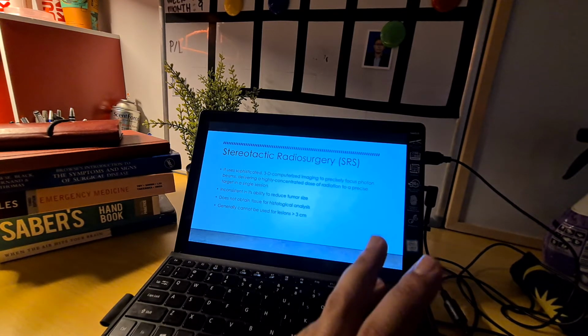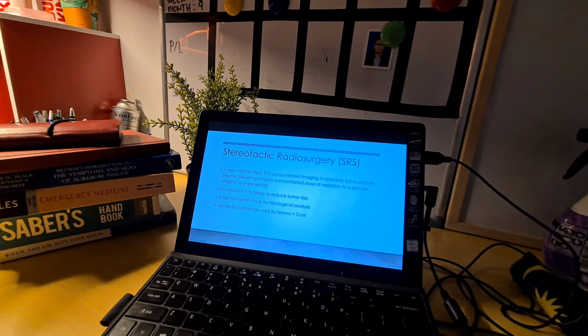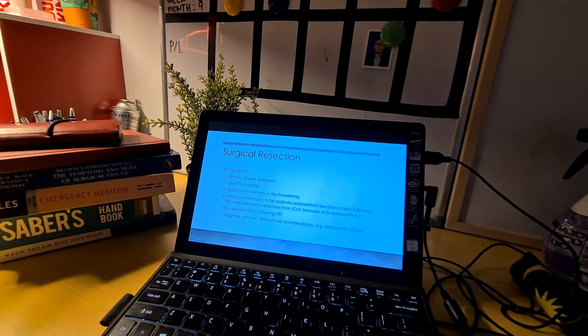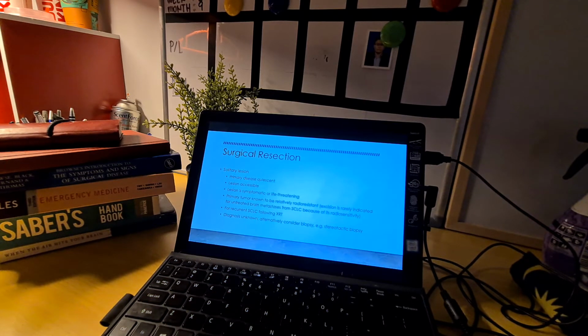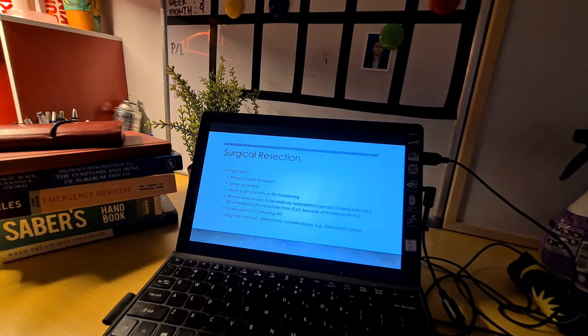The stereotactic surgery does not obtain tissue for histology analysis, and generally cannot be used for lesions larger than 3 cm. And for surgical resection, the patient needs to have the primary disease controlled.